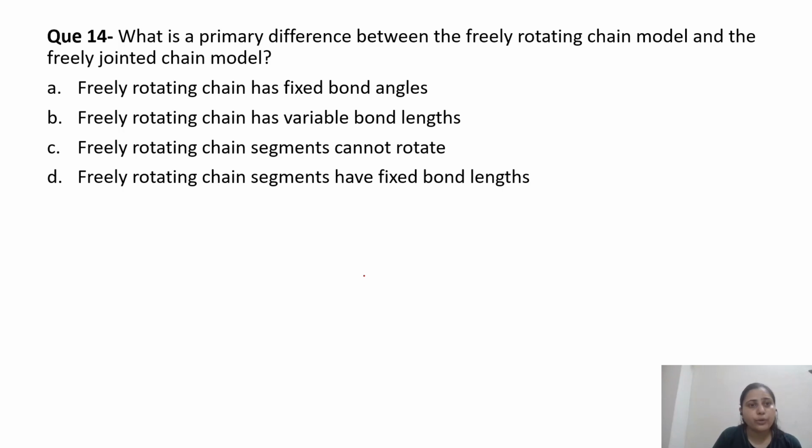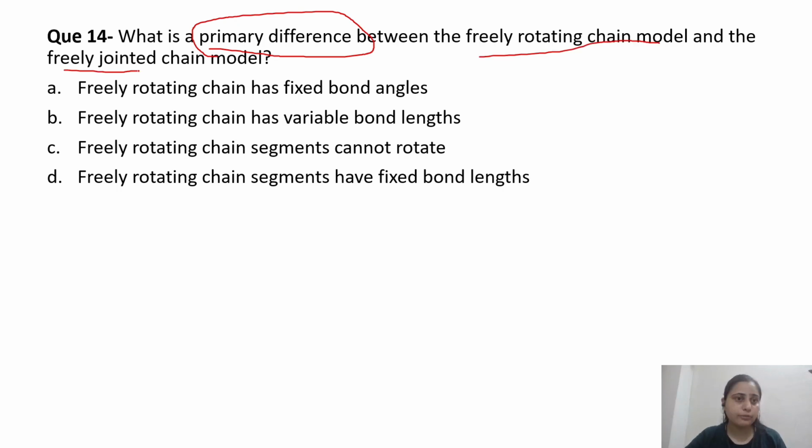Question number 14 is related to the freely rotating chain model. We are discussing so many chain models. Now this asks: what is the primary difference between the freely rotating chain model and the freely jointed chain model?